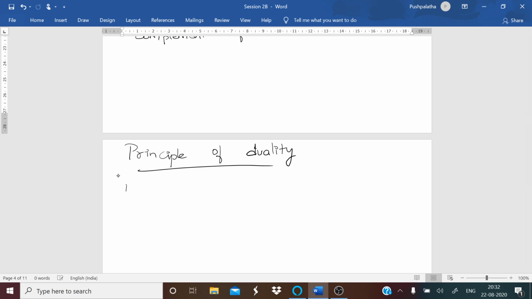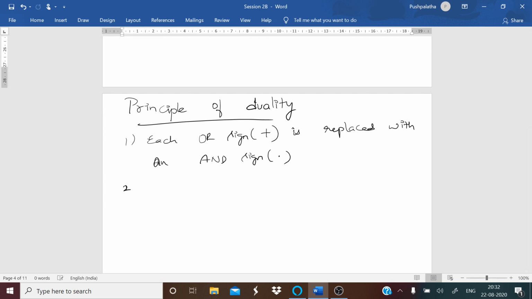That is, what we do in duality is each OR sign, that is plus symbol, is replaced with its complement, or its opposite, an AND sign. What is the AND sign? The dot. Wherever you have plus, you change it to AND.